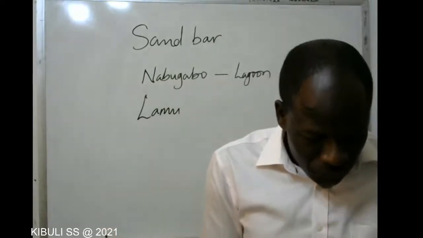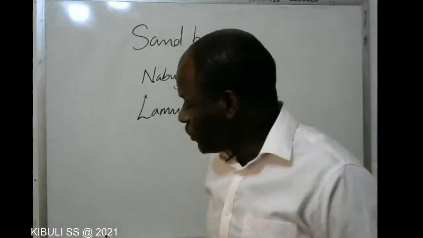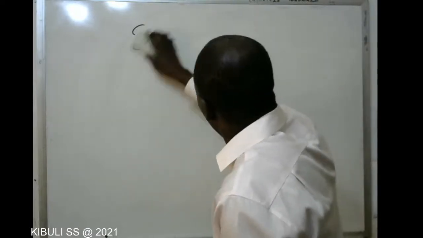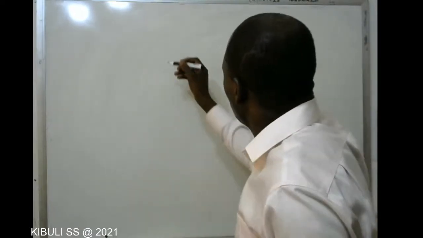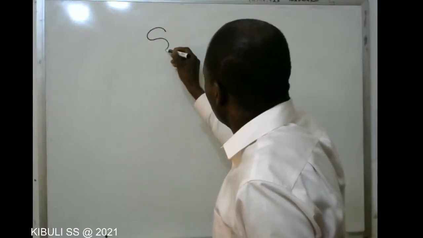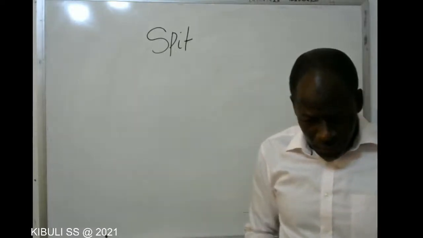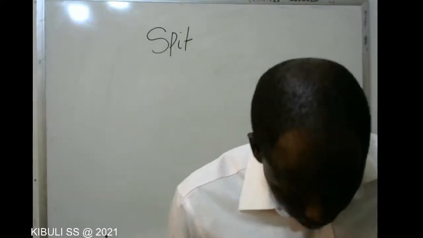Then the other feature or landform that we can talk of as resulting from wave deposition is called a spit. S-P-I-T, spit.